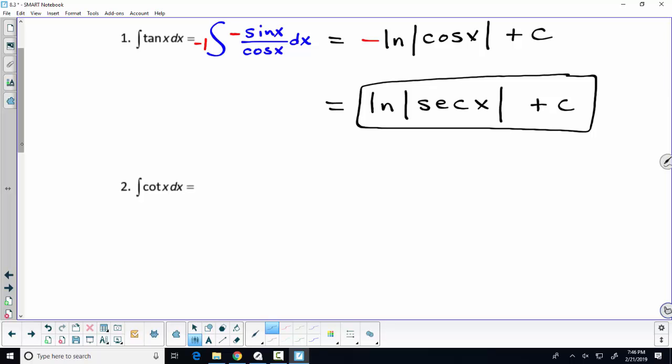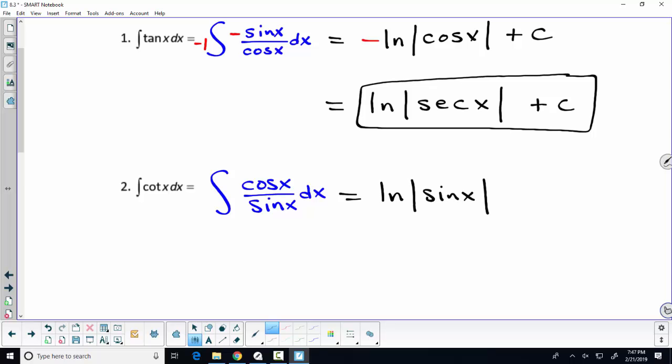Antiderivative of tangent, natural log the absolute value of secant. Cotangent, same way, we write that as cosine over sine. And since the derivative of sine is cosine, this is already in log form. So the antiderivative of cotangent is the natural log of sine.